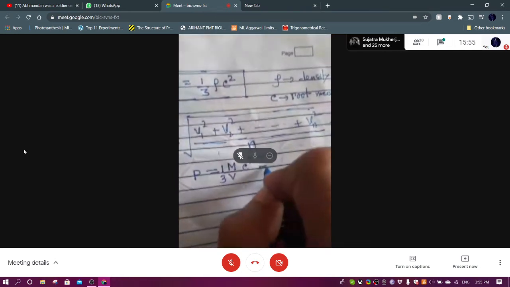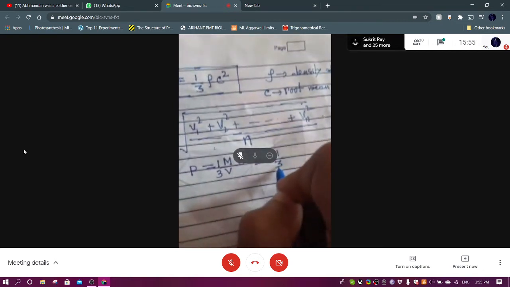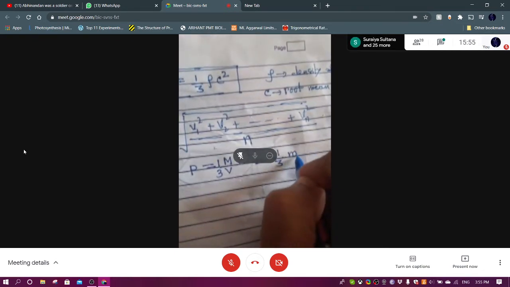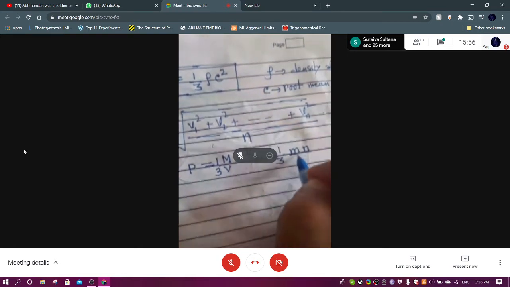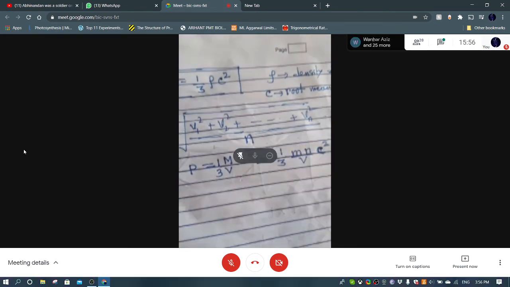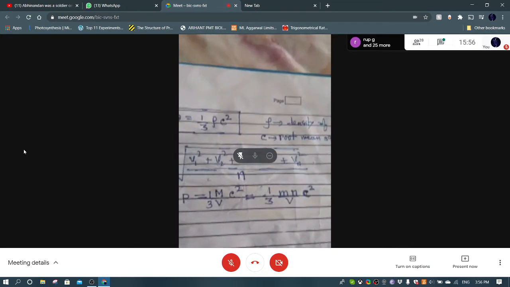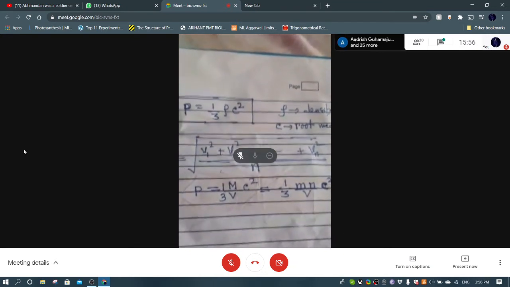Now this I can write another way also. 1 by 3 small m into small n by v into c square. What is small m and small n?